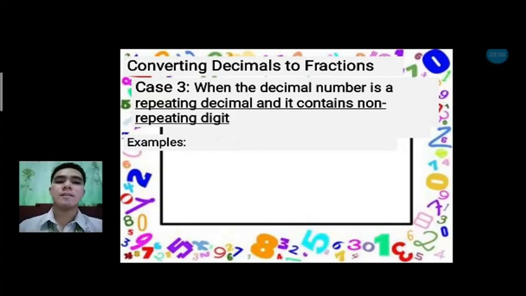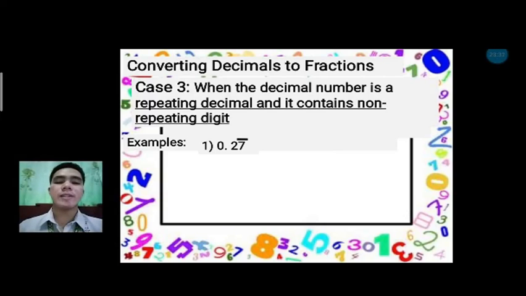For example, we have 0.27 with a vinculum above 7. Therefore, the repeating digit there is 7 and the non-repeating digit is 2. To convert it into a fraction, first you have to get the given decimal number and take it as a whole number.